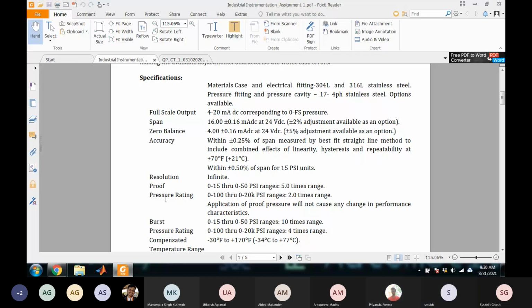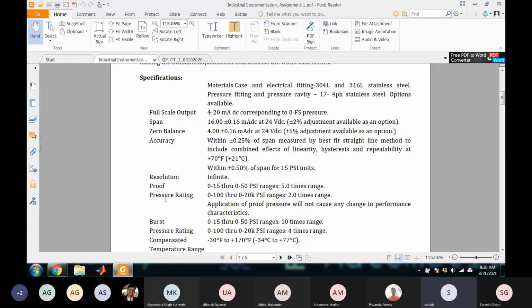So 1%. Right. So the worst case error that can happen is plus minus 1%. And you can buy a slightly more expensive instrument if you want to correct for the error. They also sell an instrument with an adjustment available.